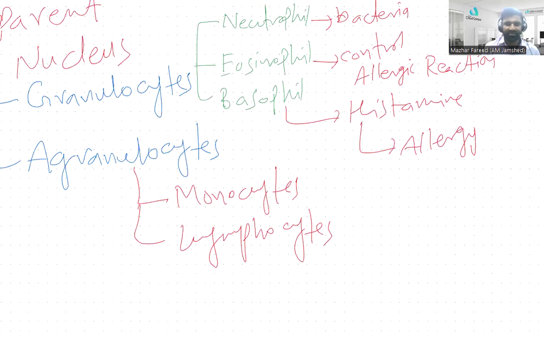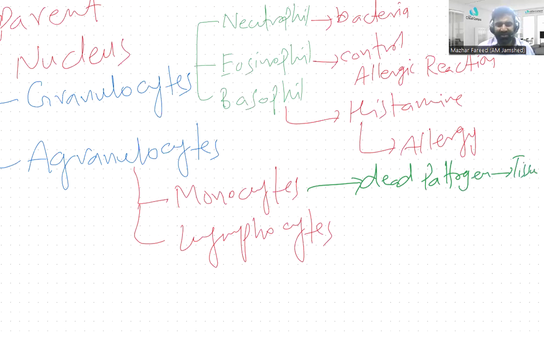The monocyte can kill dead organisms, dead pathogens and tissues. When they kill any pathogen they become macrophages, so in the tissue their name is macrophages.